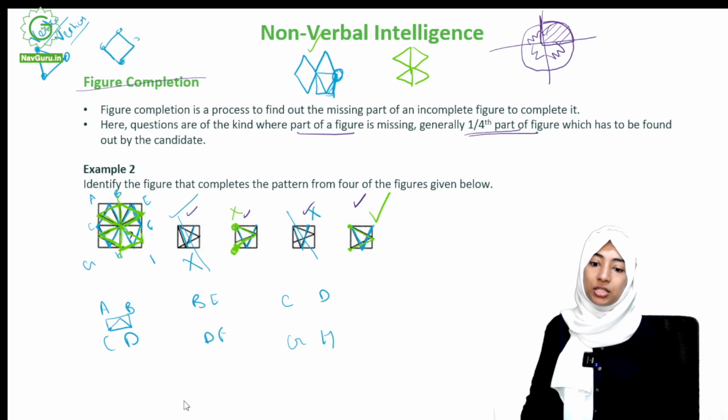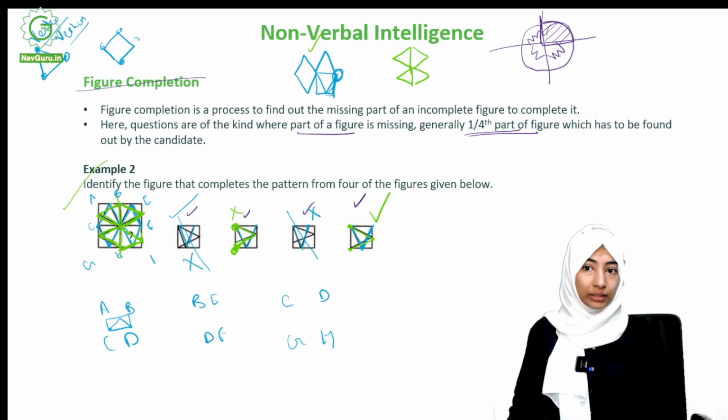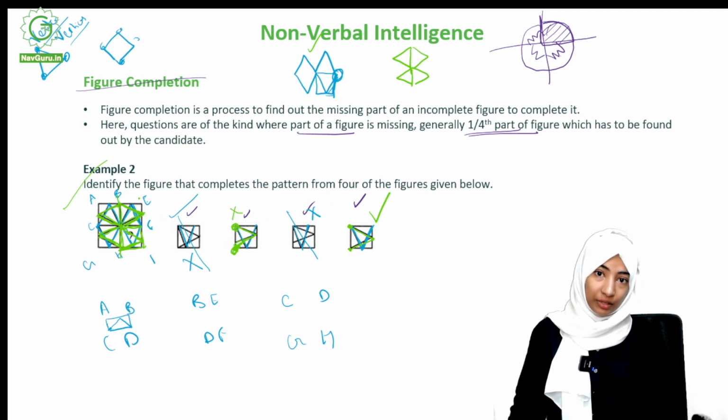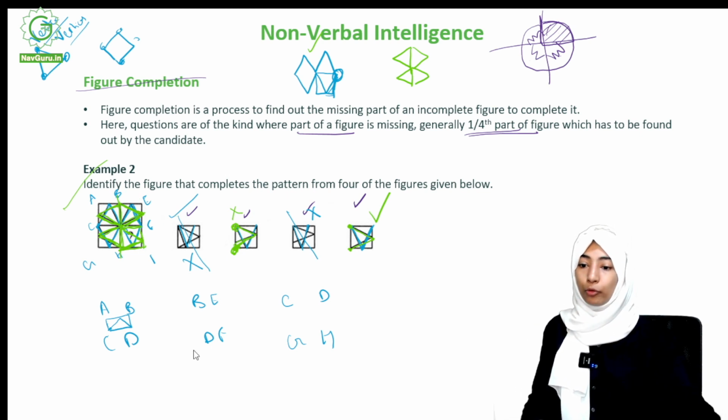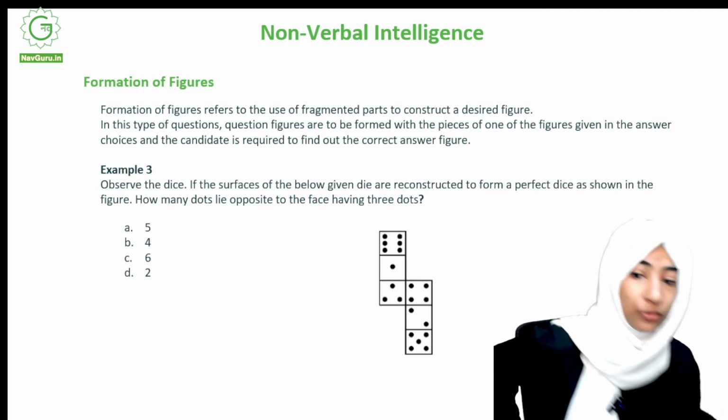What you need to do is just look at the figure that is given to you, find out the pattern that is there in this figure, and then try to figure out how the fourth pattern would be from the pattern that is being given to you. Okay, moving on to the next, that is the formation.